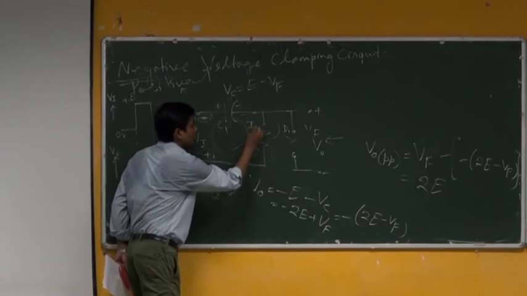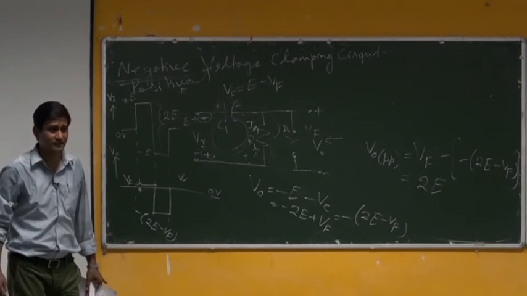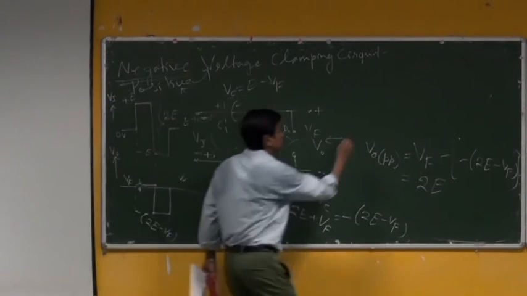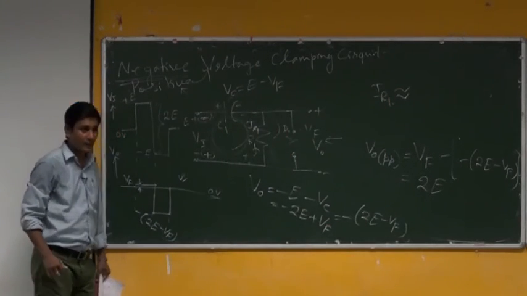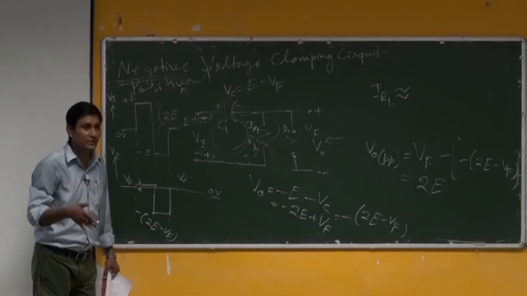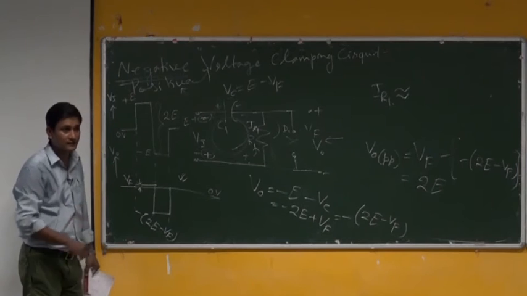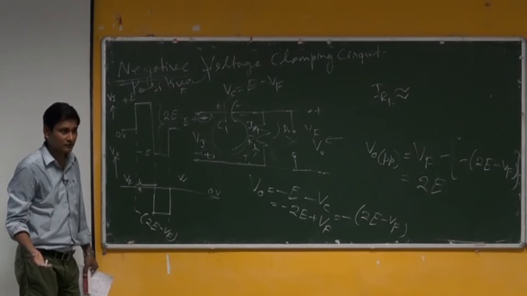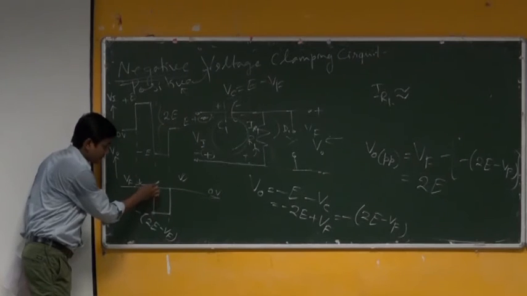If some current is flowing through R as IR1, how much is it? Simply, the voltage across the resistor divided by the resistance. How much is the voltage across the resistor? Approximately it is 2E, because the potential difference from positive to negative has gone from here to here.